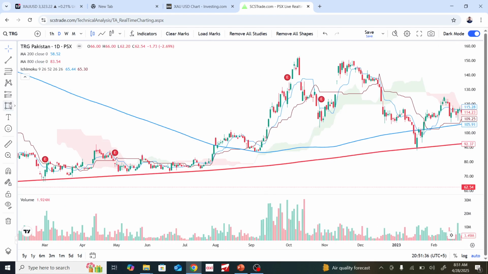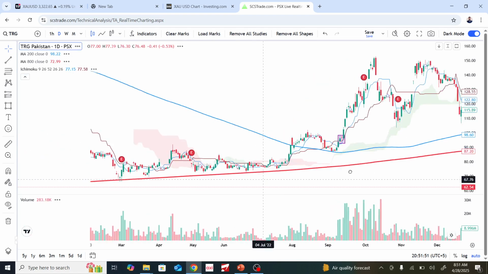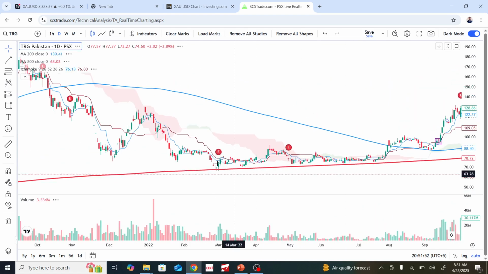This is a buy setup, because look at this trend, green. The 200 moving average is below, the 800 moving average is below, and the cloud is green. So that's a perfect buy setup. If the market is in between the 200 moving average and the 800 moving average, never trade.